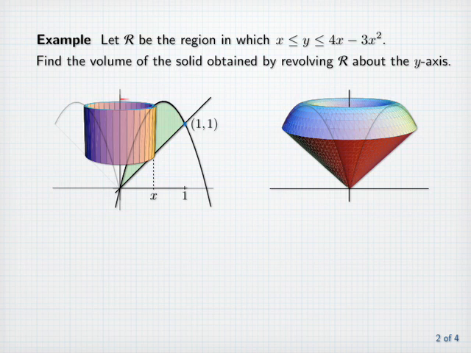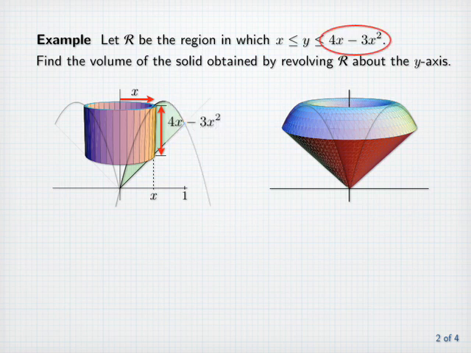So the radius of the shell is x, and its height is the y-coordinate on the parabola, which is 4x minus 3x squared, minus the y-coordinate on the line, which is x. So the height simplifies to 3x minus 3x squared, or 3 times x minus x squared.